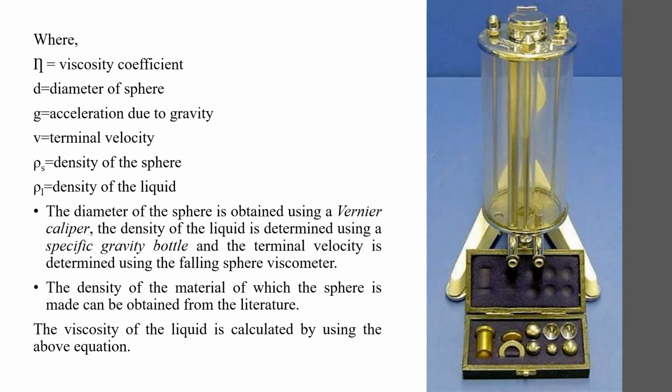It's so simple. The velocity is given by the ratio of the distance traveled to the time taken. So the distance between these 2 marks divided by the time taken by the ball to reach, from that we'll be able to determine the terminal velocity.